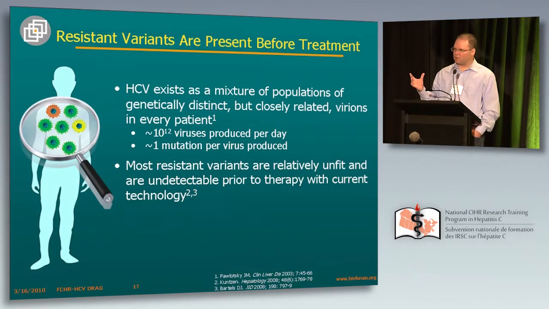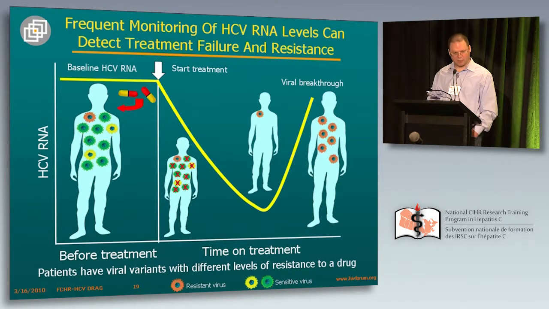First, rapid replication, the production of an enormous amount of viral particles, and secondly the error-prone nature of the RNA-dependent RNA polymerase of the hepatitis C virus. These two factors are really key in a better understanding of the emergence of resistance.